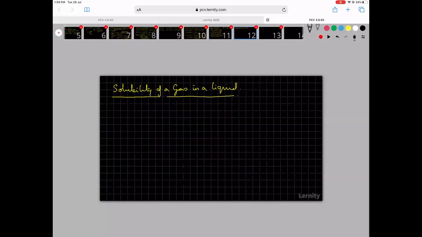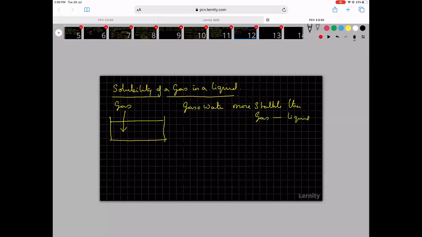Before we work, we will always try to understand that there is a gas here. Let's say there is water here, and then let's say there is a gas here. Now, if this gas is dissolving in water, that means gas plus water should be more stable than the gas separately and the liquid separately.